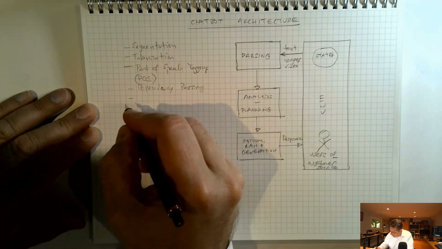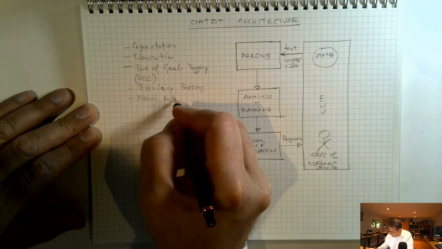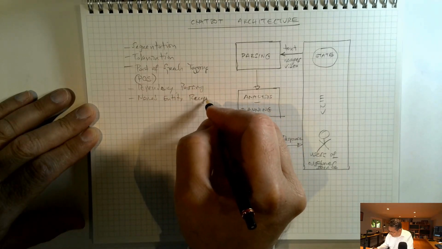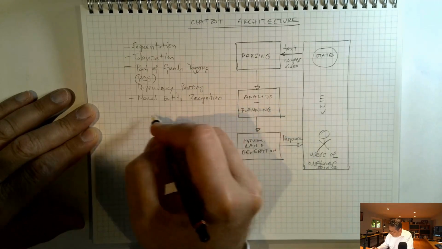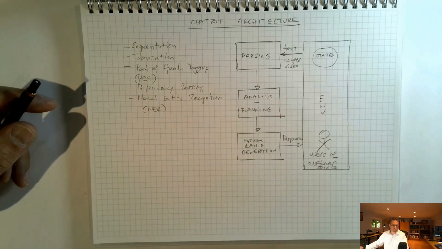And we have also named entity recognition, or NER. And here is an example of named entity recognition.